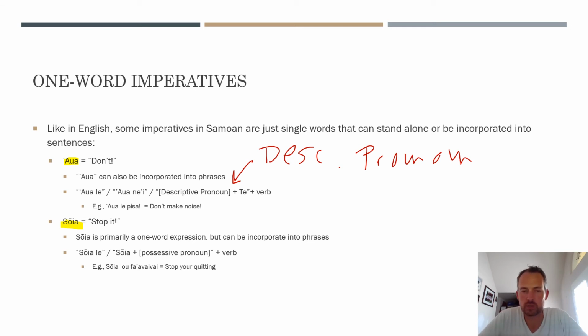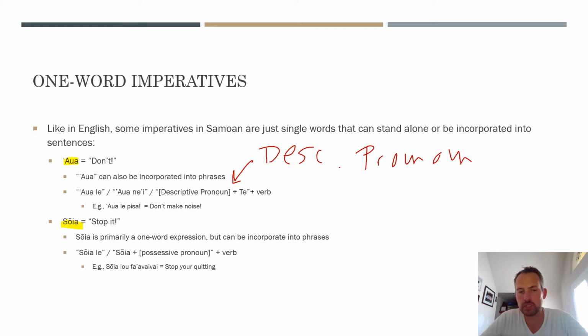So you can put soia le and then put a verb in, just like we did for awale. So if you were making noise at the time, you could say soia le pisa, knock off the noise making. But you really would never say soia nei. I've never heard that. I don't think it makes sense.